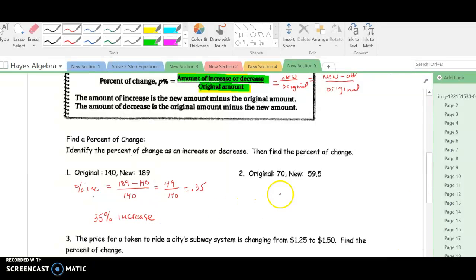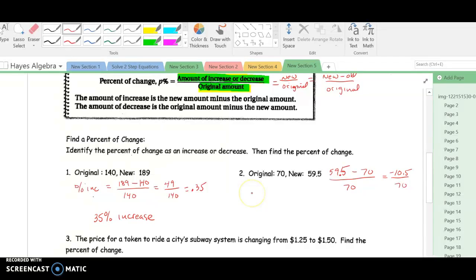Okay, when we look at the next one, number two, the original is 70, the new is 59.5. Well, technically, when we go to figure this out, we know we're going down in value. So 59.5 minus that 70, all divided by your original, which is 70. Now you are going to get a negative number here, but we generally don't say negative. When I subtract, right, you get negative 10.5 divided by 70.